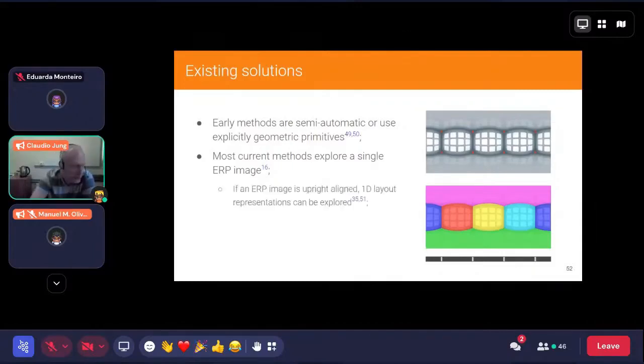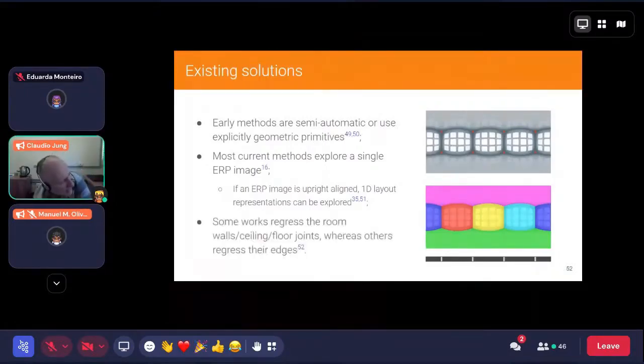Still in older methods, the ERP representation was the most popular, in particular because you have a single planar image that represents the full field of view. If you have cuboid representations, then you have a set of 6 planar images, and you have to deal with the connections between the faces of the cube.